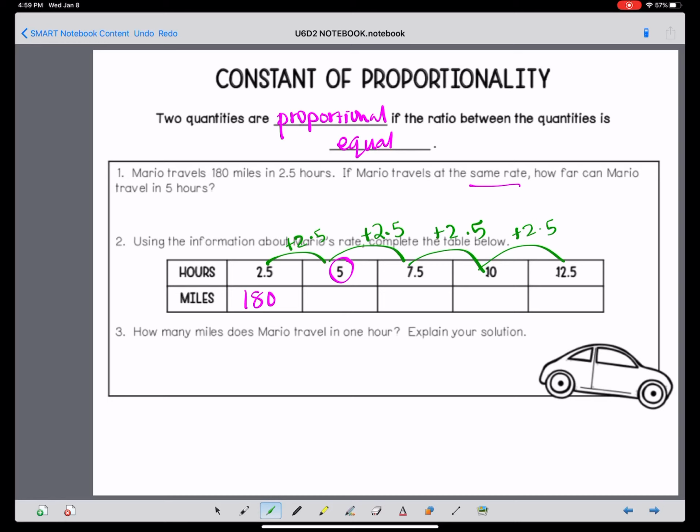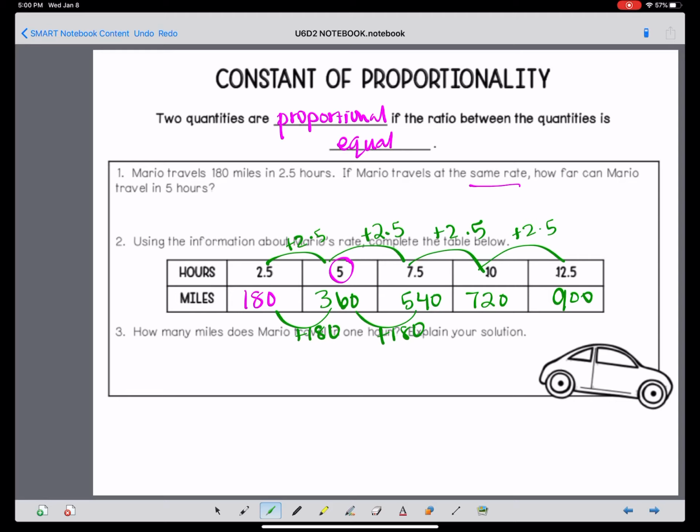You'll add 180 to 180. And if you do that, you'll get 360. And we're just going to keep adding 180 each time. So plus 180. Let's plus 180 again. If you do that, you'll get 540. And then if you add 180 again, you'll get 720. And then 900.